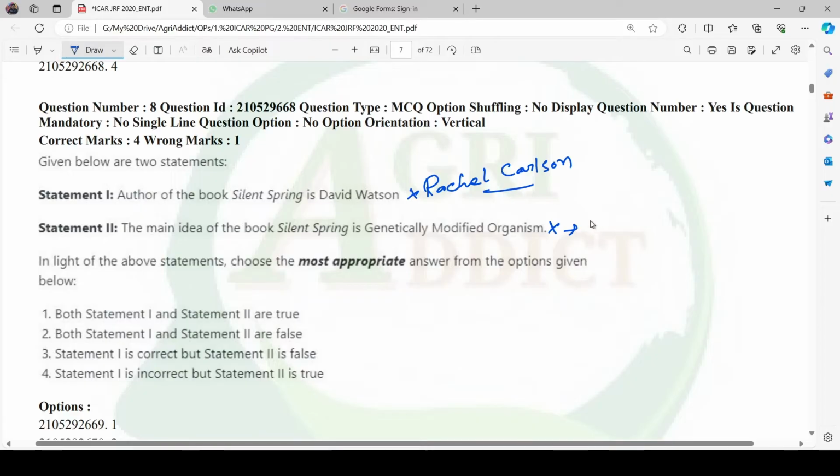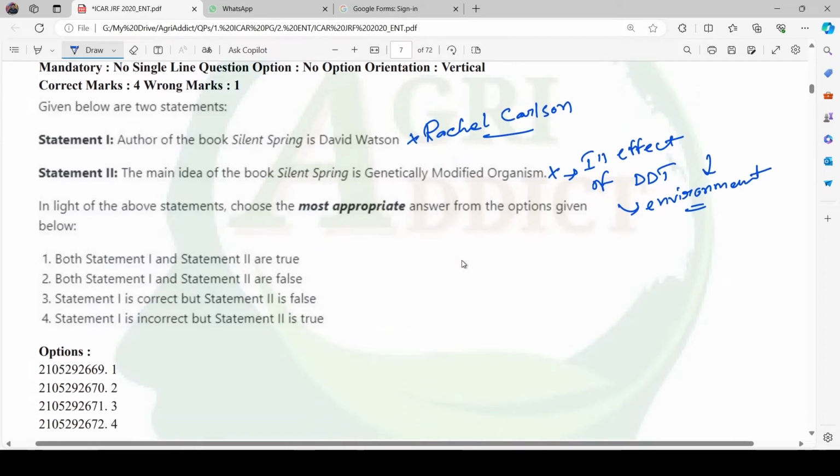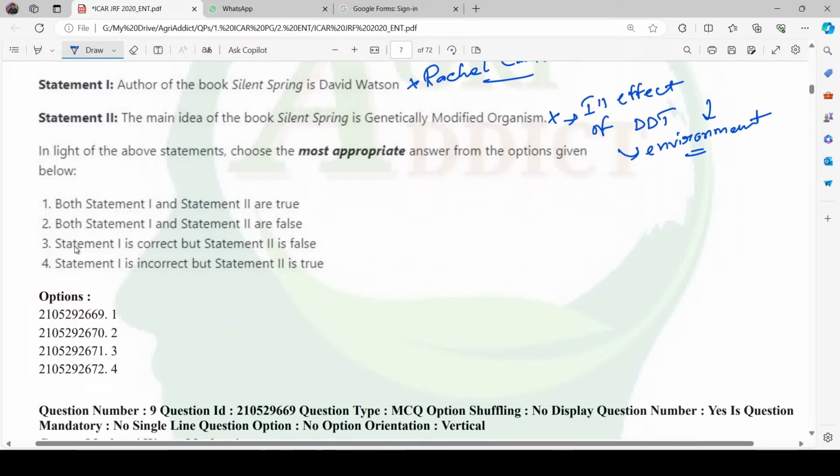It is mainly the ill effect of DDT to the environment, or you can say the residual problems due to heavy use of pesticides. So Silent Spring is not about genetically modified organisms. Both statement 1 and 2 are false. That is option 2.